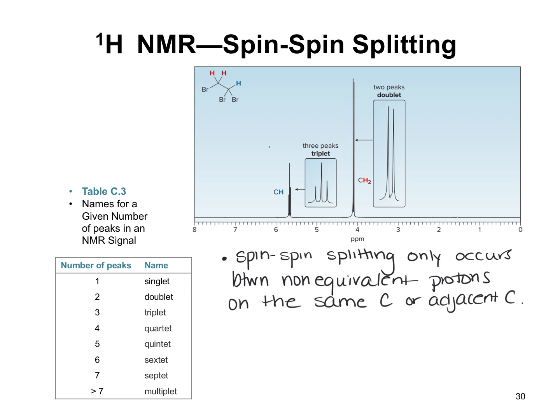So when we look at this, if you have 2 peaks, it's called a doublet. And if you have 3 peaks, it's called a triplet. And then here's the number of peaks and the names they're referred to by. Over 7 is generally referred to as a multiplet, but this is kind of a fuzzy line. I've seen some people refer to things like septets or sextets as multiplets as well. So just be aware of that.